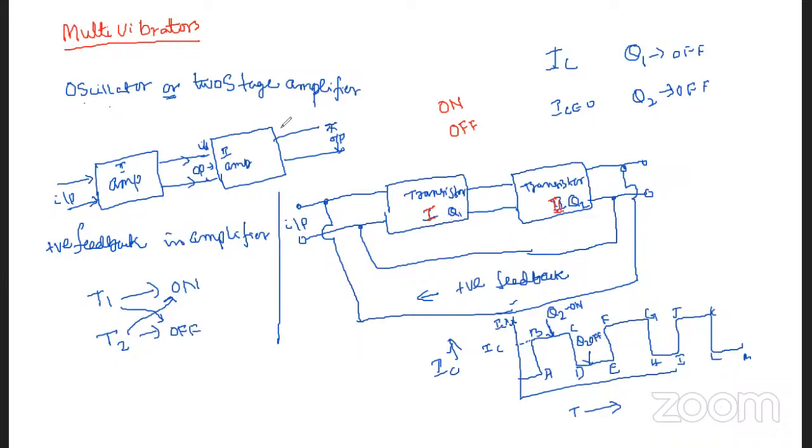Otherwise, we can say that it is a two-stage amplifier, where the output of one amplifier is connected to the input of the next amplifier, as we have seen here.